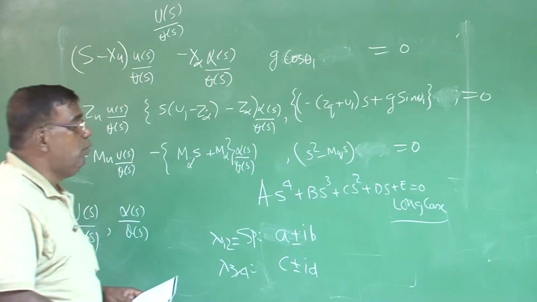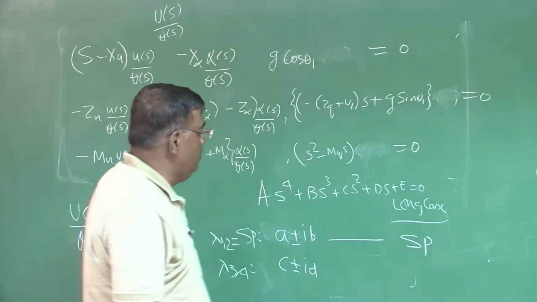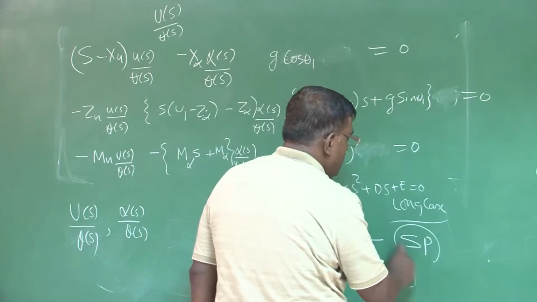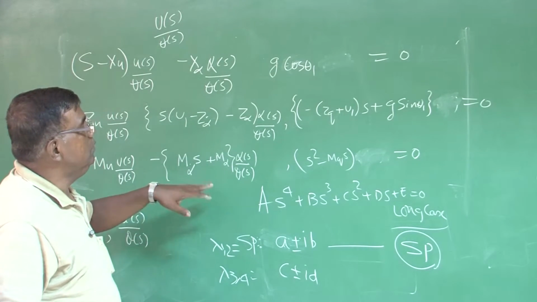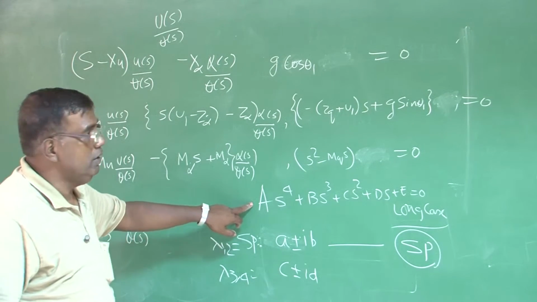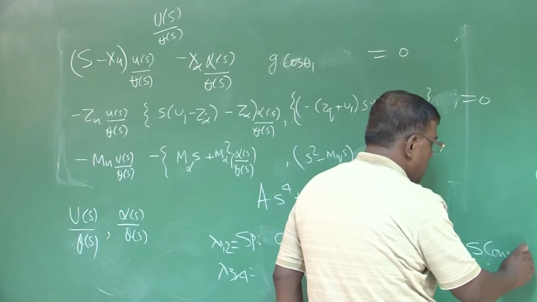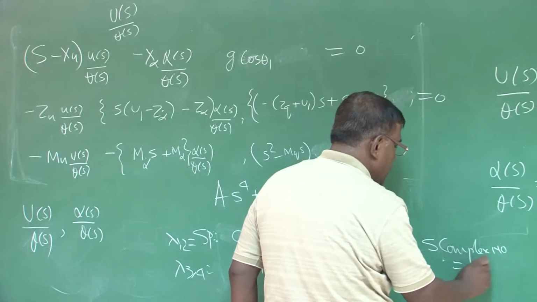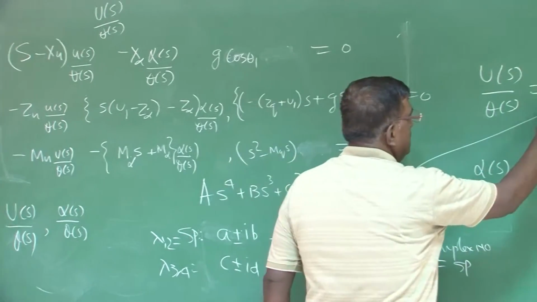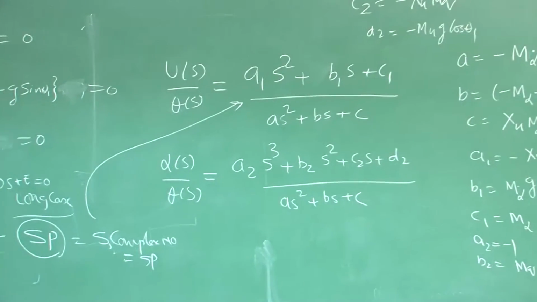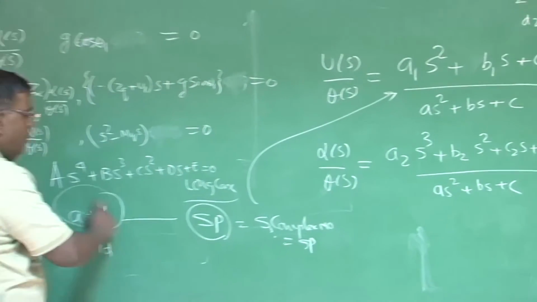Now, if you want to see the mode shape corresponding to short period, what you have to do is put in the value of s, that is lambda 1, lambda 2, which you have got from solving this equation. Those values of s are complex numbers corresponding to the short period root, and you plug them in here. If you want to know alpha of s by theta of s for short period, again plug in the value of s you have got.